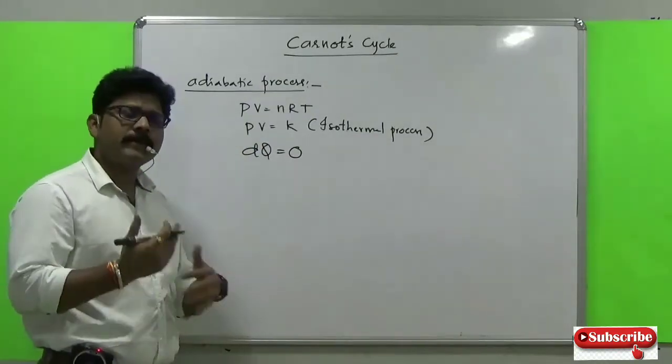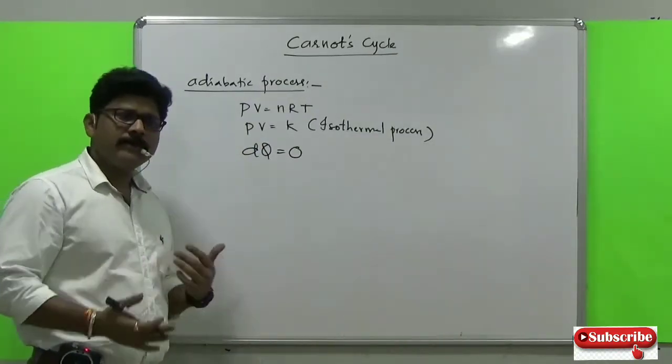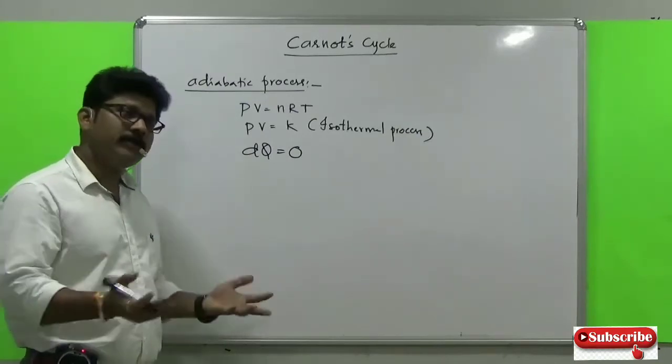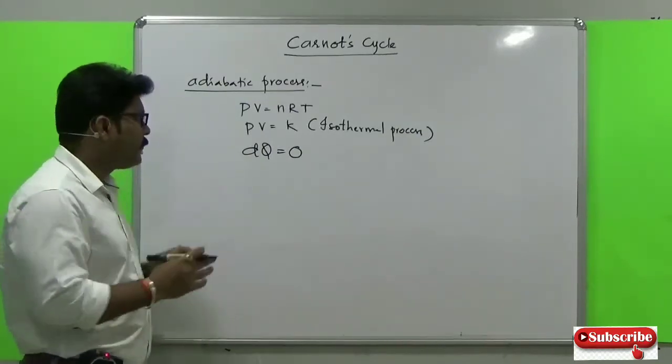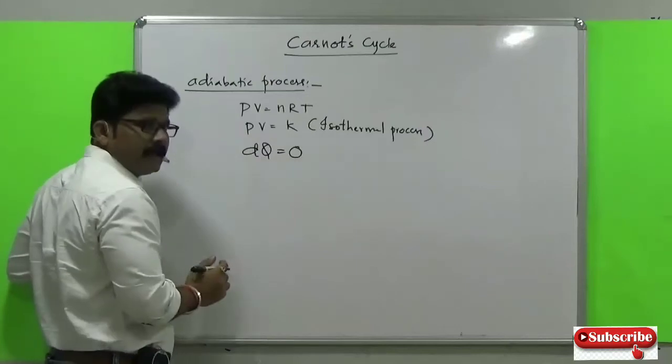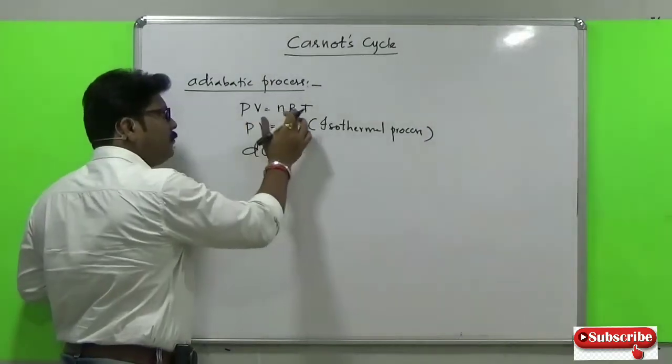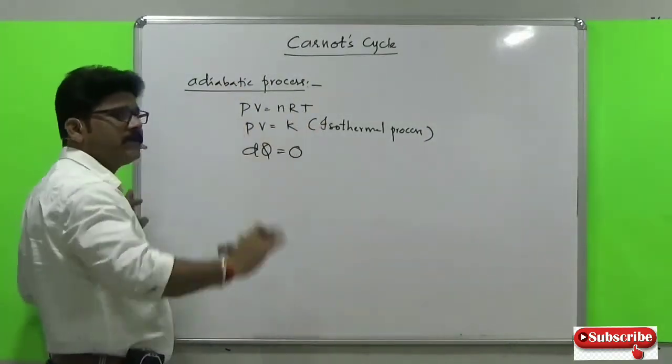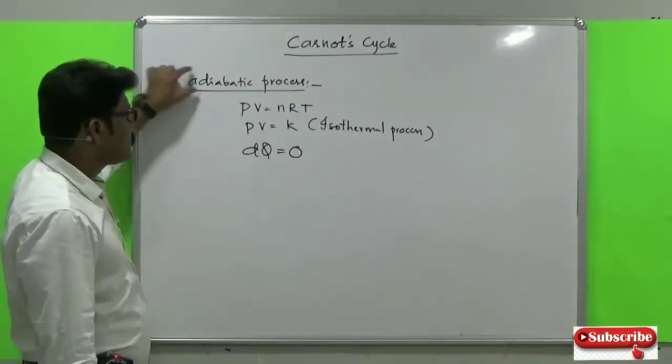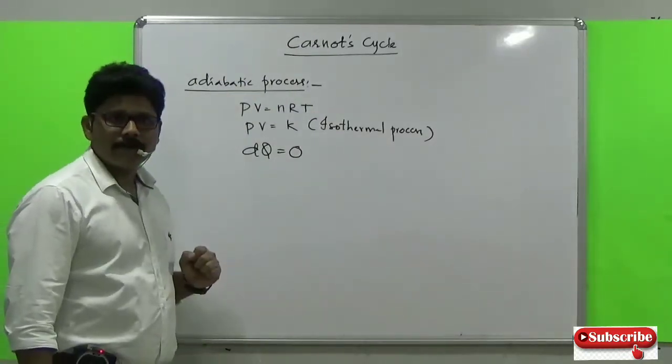All other parameters are changing. Pressure will change, volume will change, temperature will change. So if you take PV is equal to nRT, in this pressure, volume and temperature, all three are changing. Then that process is called adiabatic process.